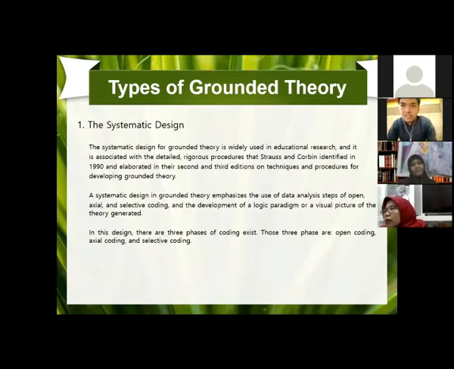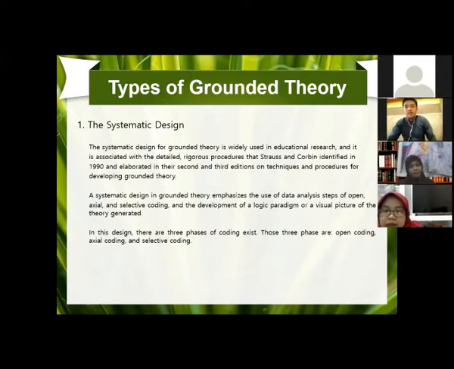The systematic design for grounded theory is widely used in educational research, and it is associated with the detailed, rigorous procedures that Strauss and Corbin identified in 1990 and elaborated in their second and third edition on techniques and procedures for developing grounded theory.